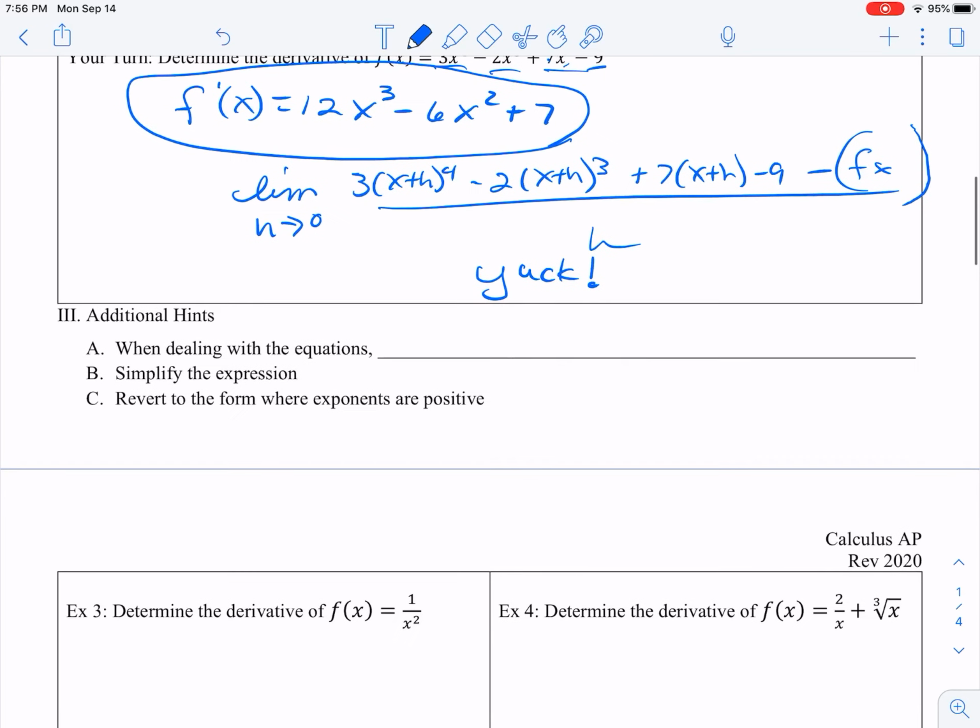When dealing with equations, you want to simplify the equation and make exponents positive. Make radicals exponents. It just makes your life easier at this point.